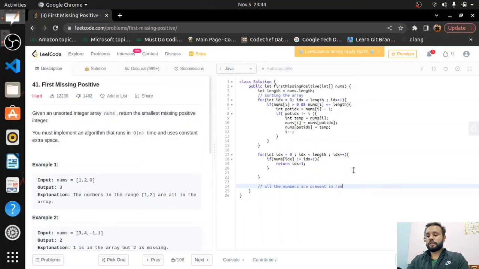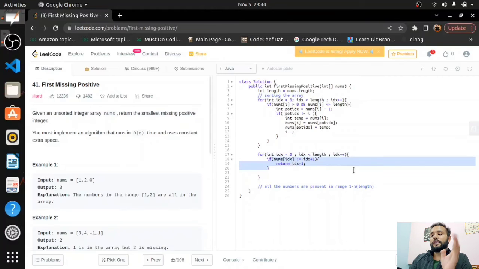In range 1 to n, or we can say length, because if this condition holds true at any point, we are not going to reach this point, and if we are reaching this point, it means this condition was never true. It means index i always contains i plus 1, so the first missing positive will be length plus 1.